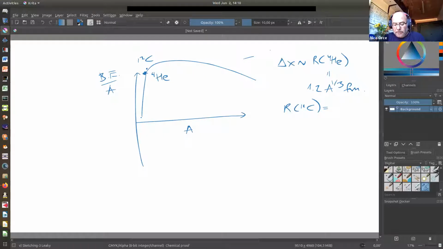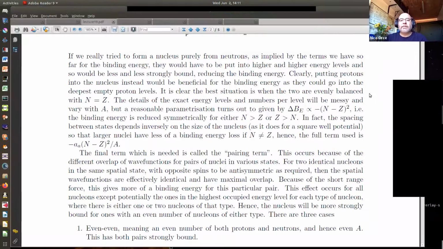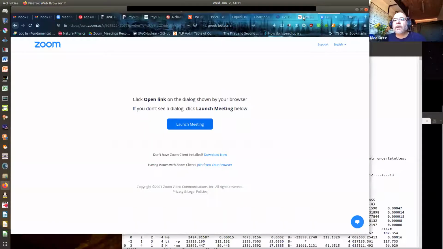So 1.2 times 12 to the 1/3 gives us about 2.75 Fermi. So this could have been also another option, probably closer to nature.